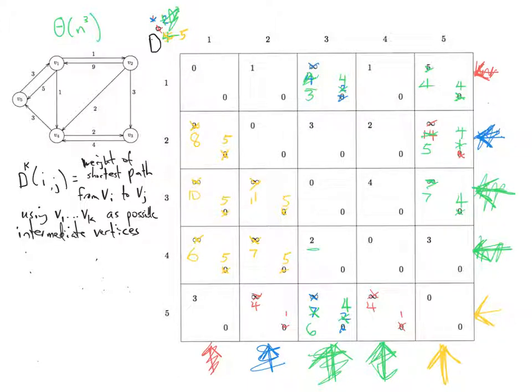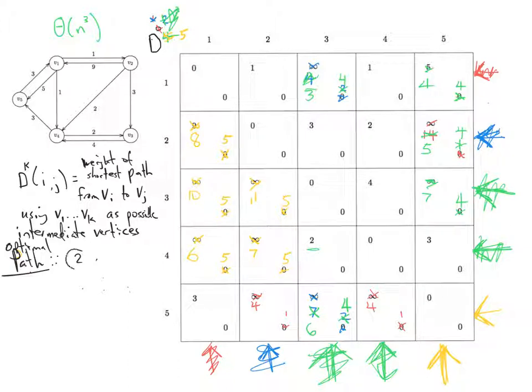All right, so one last important issue is the, whoops, I went black. So we want to get the optimal path. So let's pick an interesting one. Let's take the optimal path from 2 to 5.